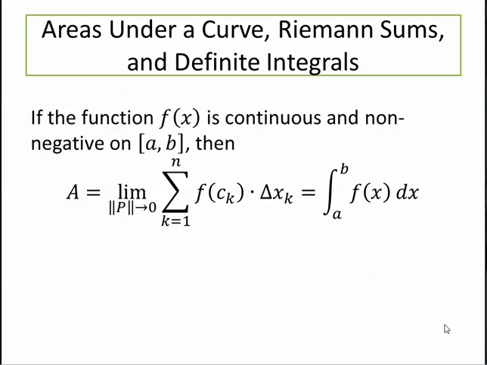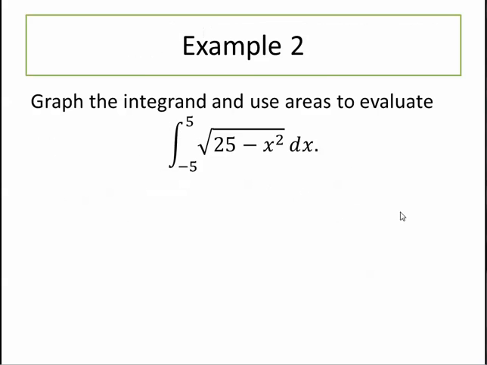So that means I could say my area under the curve on the interval a, b is given by this definite integral. All right, so let's use this to do this example. It says graph the integrand and use areas to evaluate the integral from minus 5 to 5 of the square root of 25 minus x squared dx.